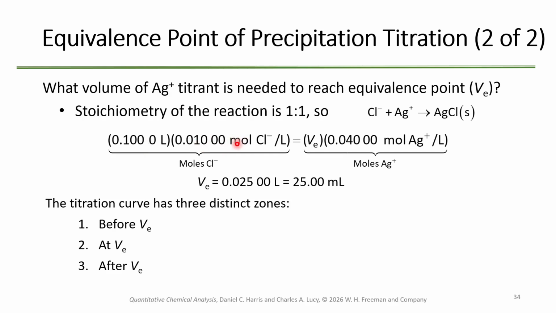Notice that's going to get us into moles, right? In this case, the moles of silver is a 1-to-1 ratio here. So it ends up being set up a lot like M1V1 equals M2V2, right? It's the 1-to-1 ratio. And so we put our molarity here and divide that over. Notice that this volume then is going to be 25 milliliters. That's where you should expect your equivalence point.